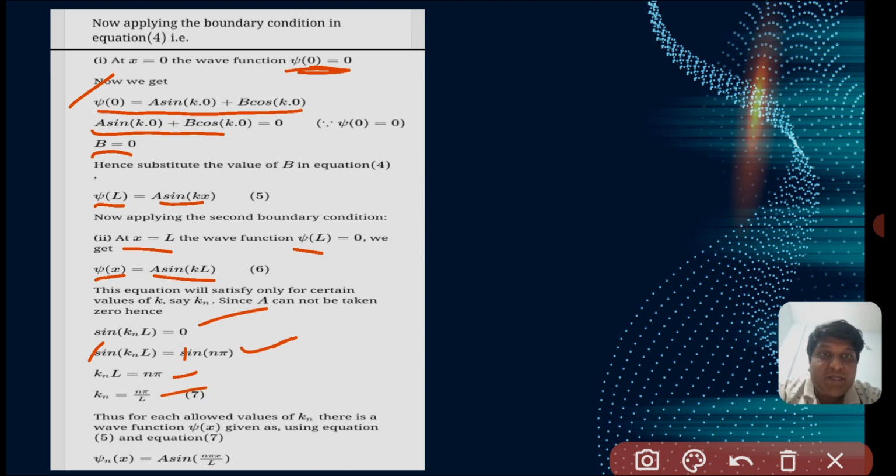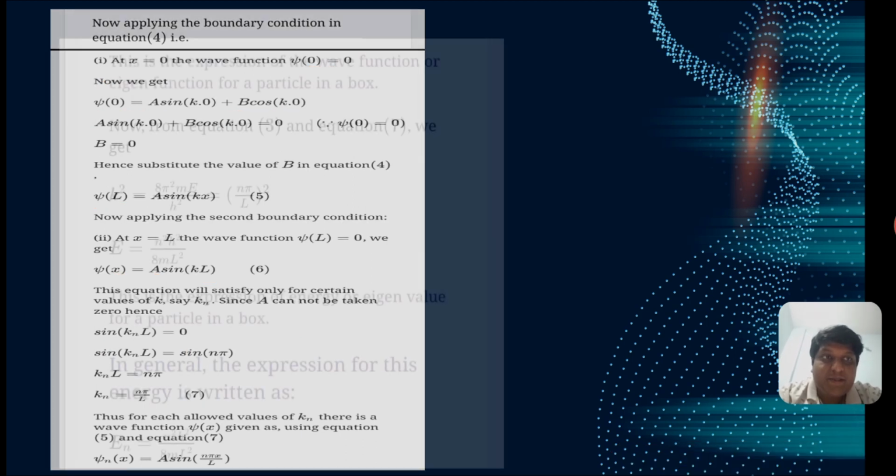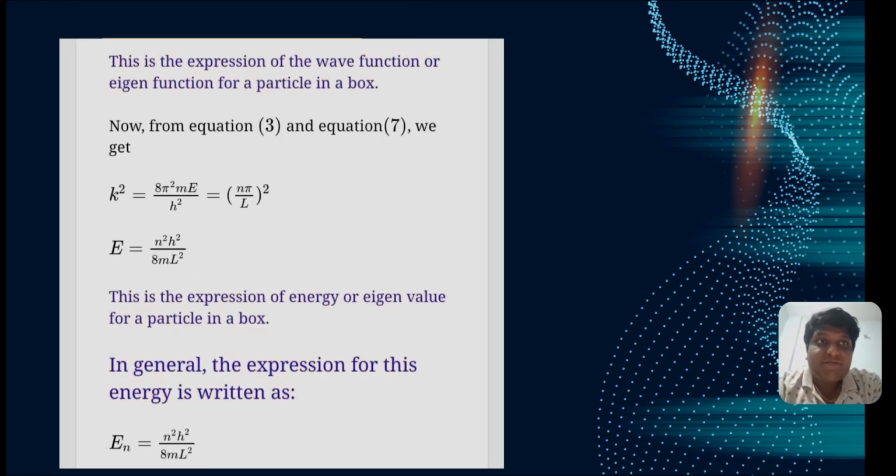Thus, for each allowed value of k, there is a wave function ψ(x). Using equations 5 and 7, ψn(x) is equal to A sin(nπx/L). This is the expression for the wave function or eigenfunction for a particle in a box.